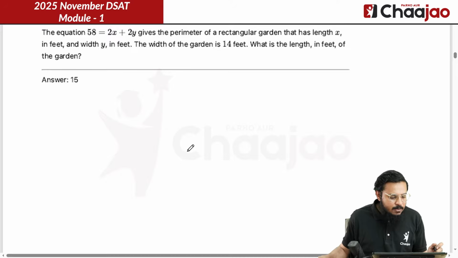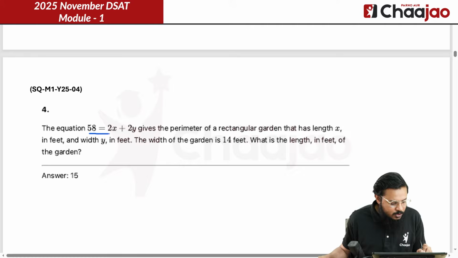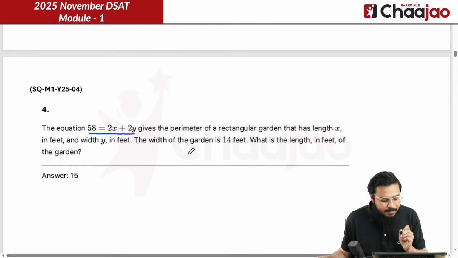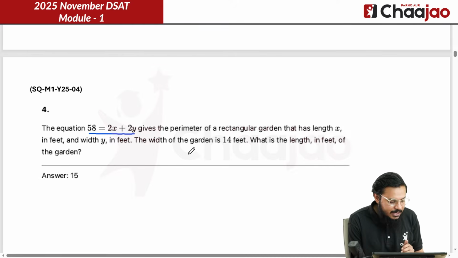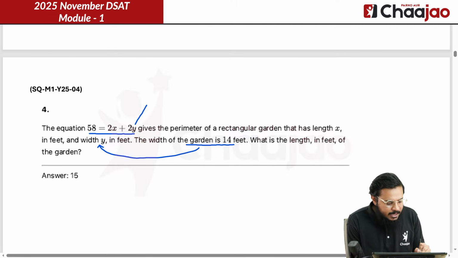Moving on to the next question, number 4. So the equation is given to you. It says that 58 is equal to 2x plus 2y, which gives the perimeter of a rectangular garden that has length x in feet and width y in feet. The width of the garden was 14 feet, which means variable y represents the width of the garden. So you are provided with the value of variable y. That's 14.